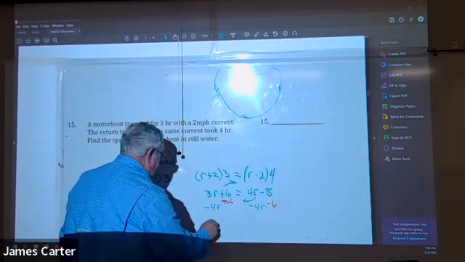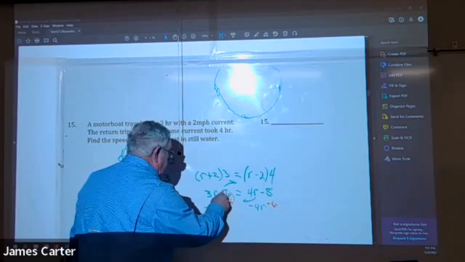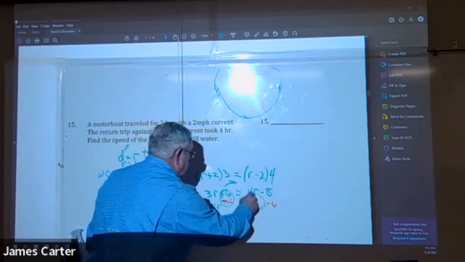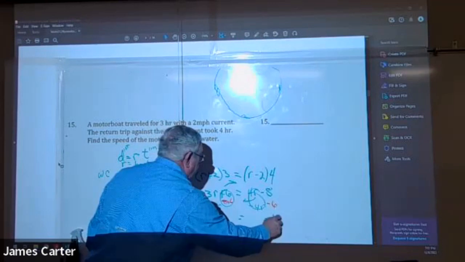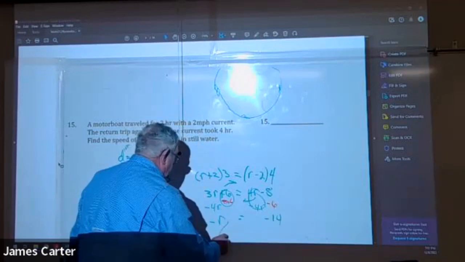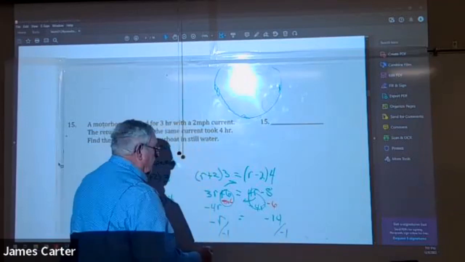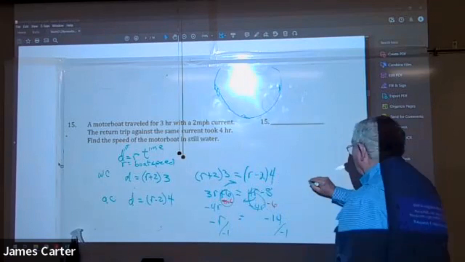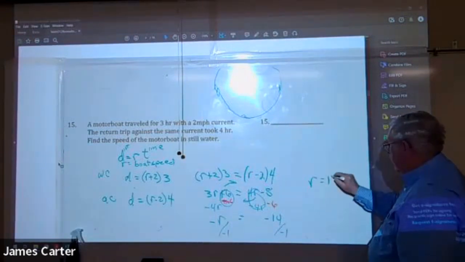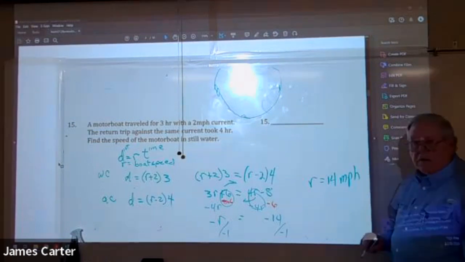Doing all of that, I get negative 1R equals negative 14. Divide both sides by negative 1, and we end up with R equals 14 miles per hour.